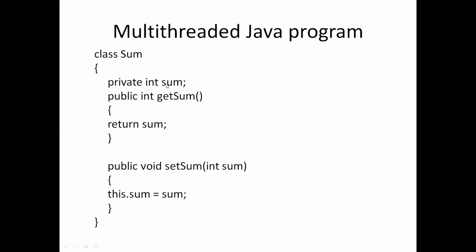We want to initialize the given parameter value to the instance variable sum, so to specify that this is the instance variable sum, we use the this operator: this.sum = sum. In this set sum method we are initializing the instance variable sum using the this operator. Understood this?